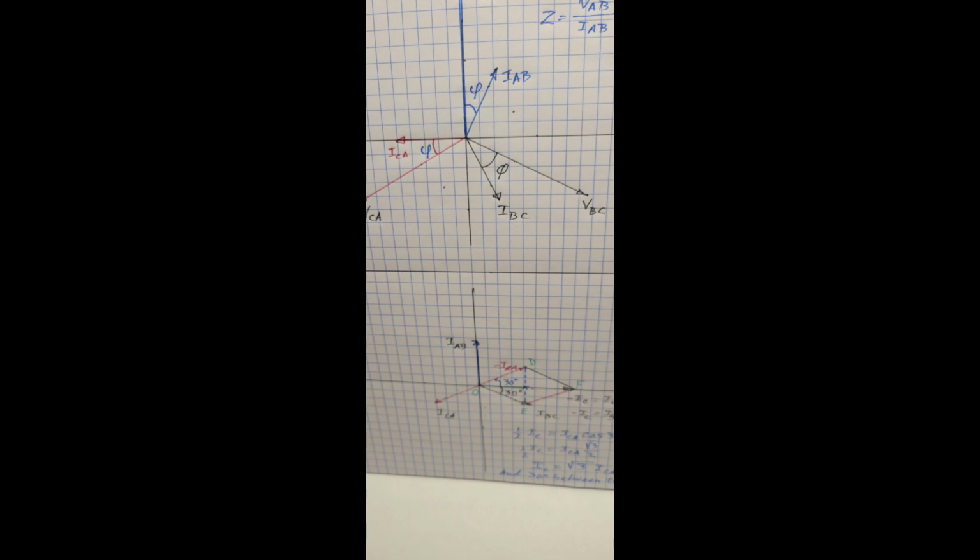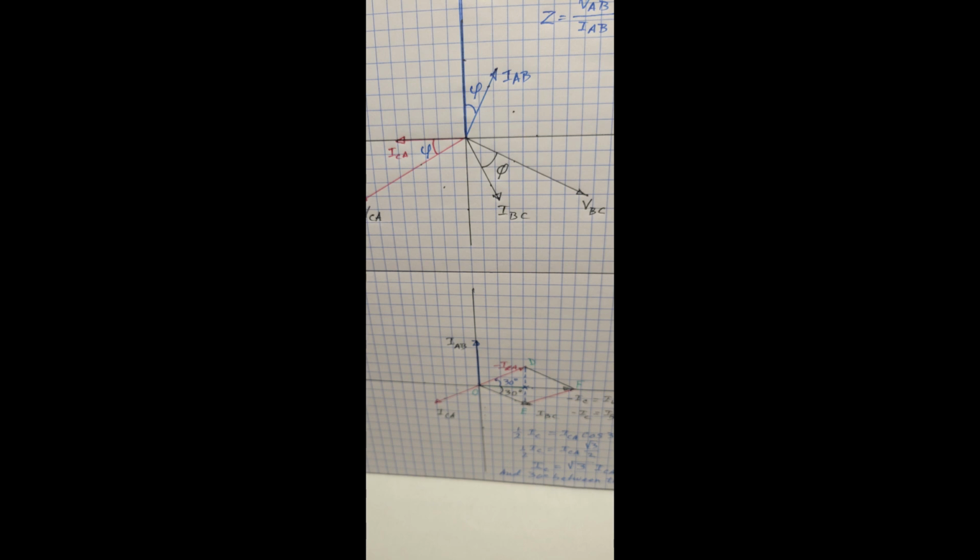If you draw the vector representing IBC minus ICA, you will get the vector minus IC, which is a line current.